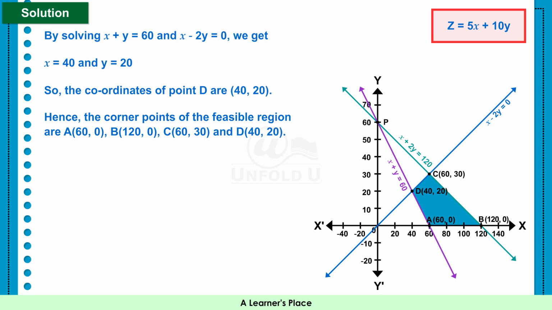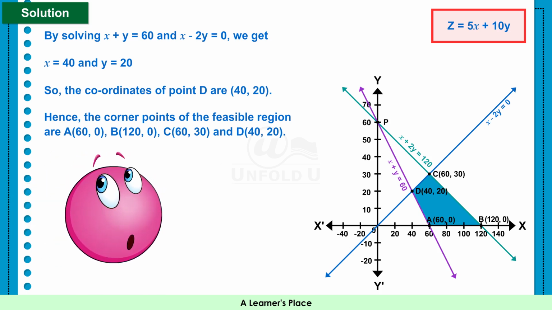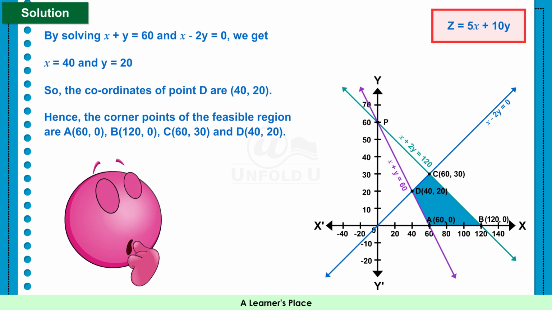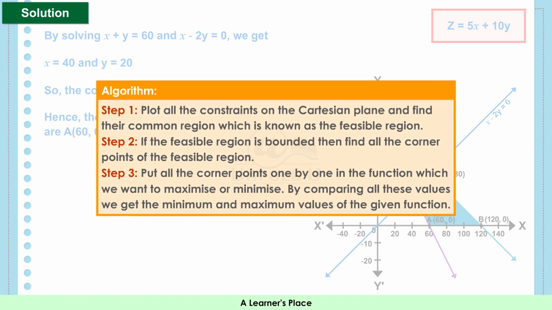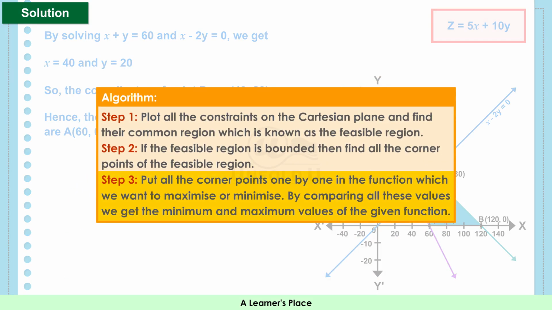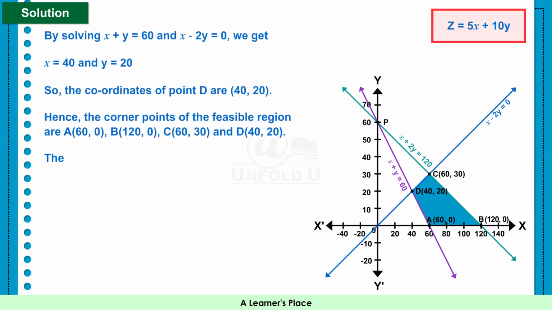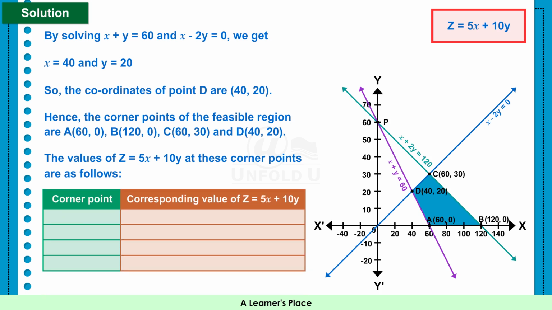So students, do you remember what is our next step? Yes, now we will find the value of the given function at these points. The values of z is equal to 5x plus 10y at these corner points are as follows.